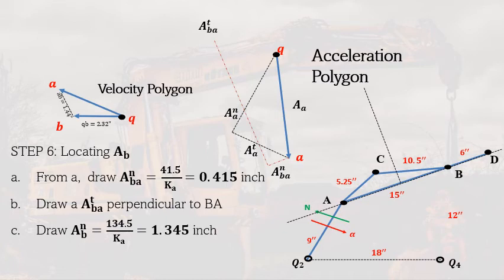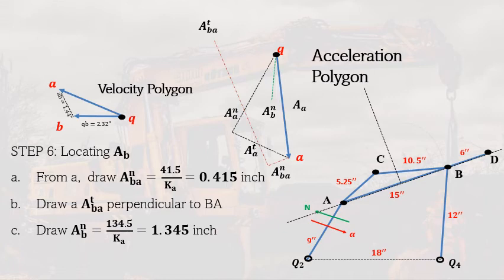That's why we draw it from Q also. So the direction is the same. You can see here, they have the same direction. So it is also downward because the direction of the normal component is towards the center of rotation, which is Q4. That's why you can see here from Q, we draw the absolute normal component also from Q in that direction.